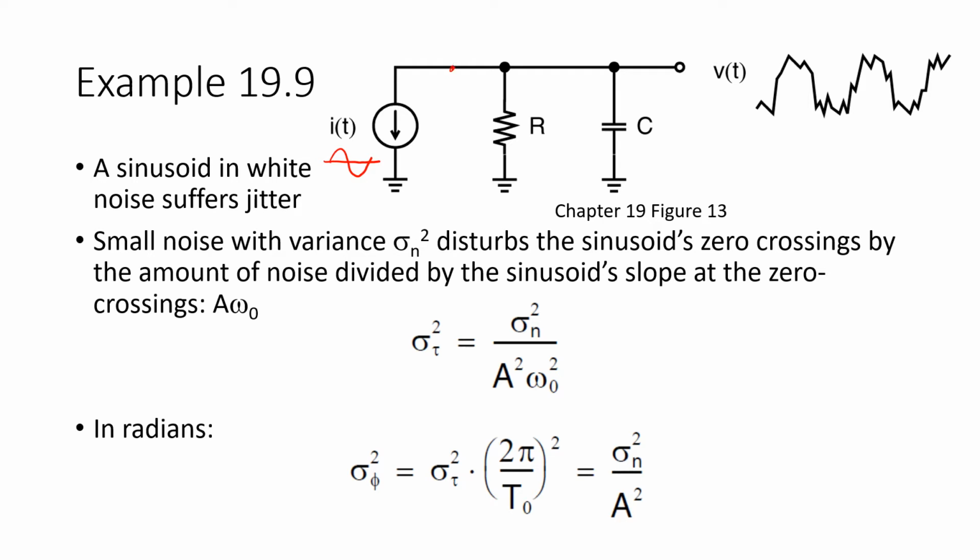This can be modeled, as you know, by either a noise current source in parallel with I or a voltage noise source in series with R. In either case, it causes the voltage waveform at V to deviate from its perfectly periodic shape, as shown here.